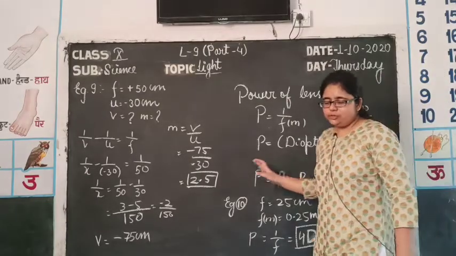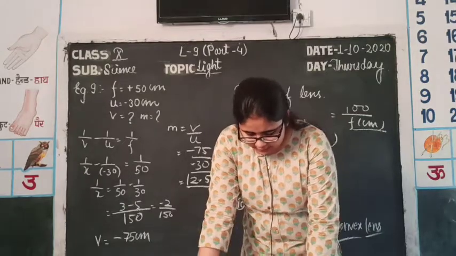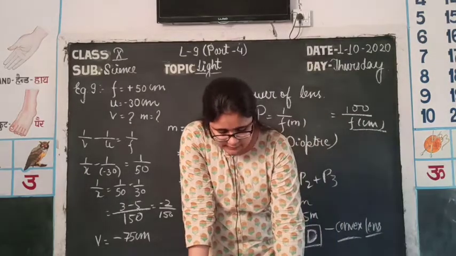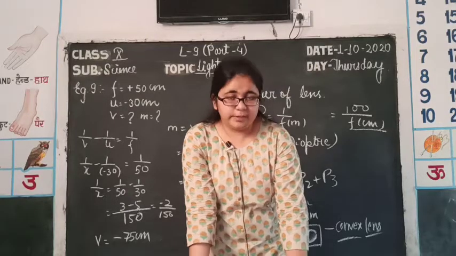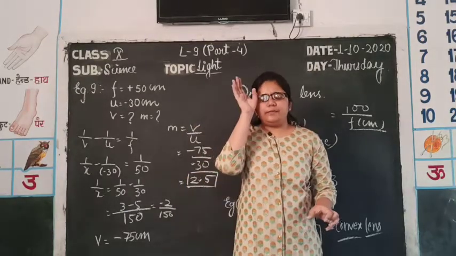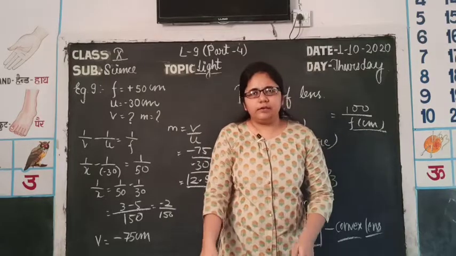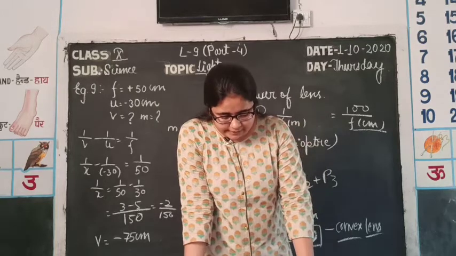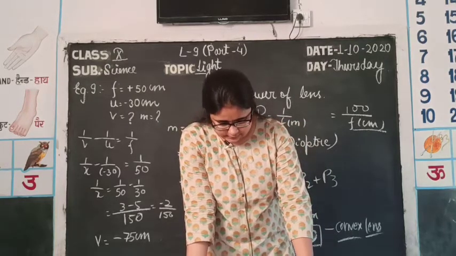Now, the next numerical which we will solve is example 10, in which an eye lens projects the light from infinity on a wall at 25 centimeter. When light is focused from infinity, the parallel rays will come and converge at the focus point. So, focal length is 25 centimeter. We have to find the power of the lens.